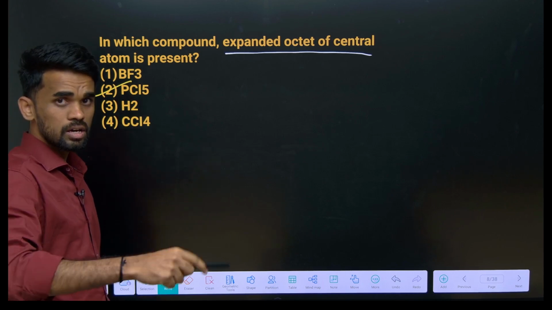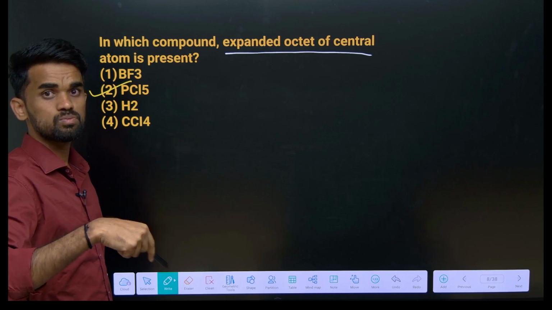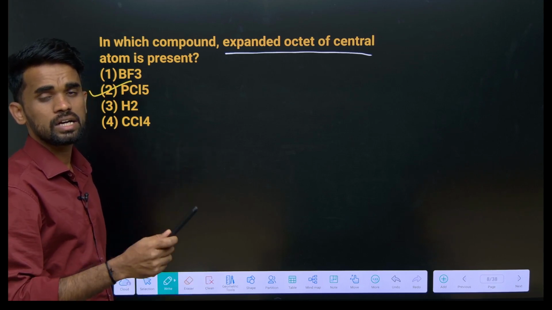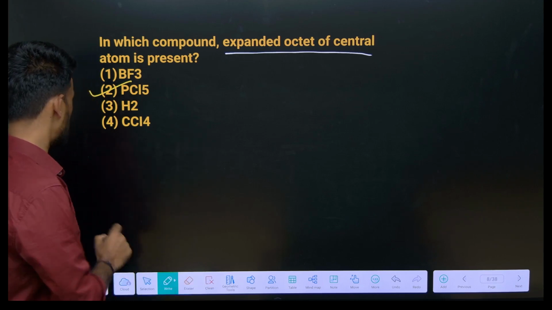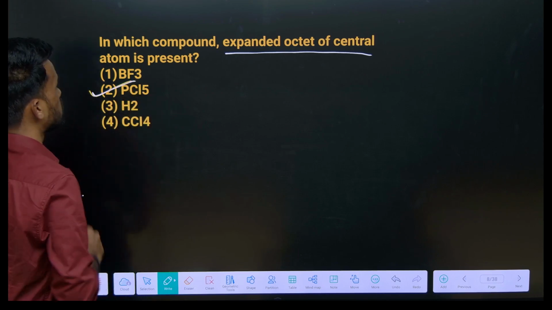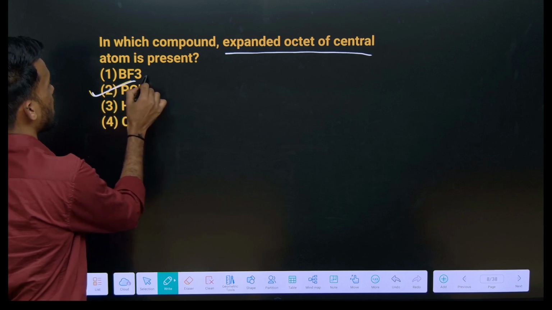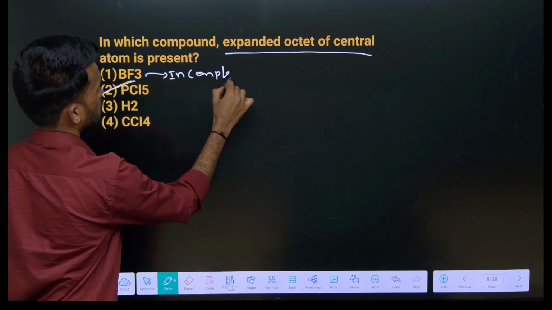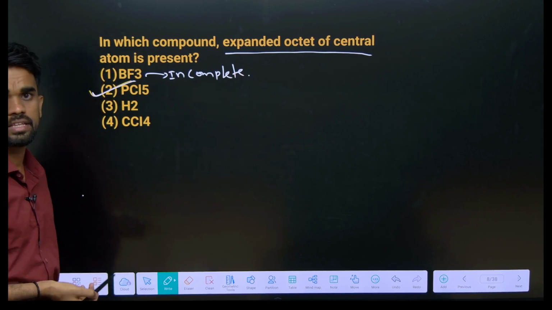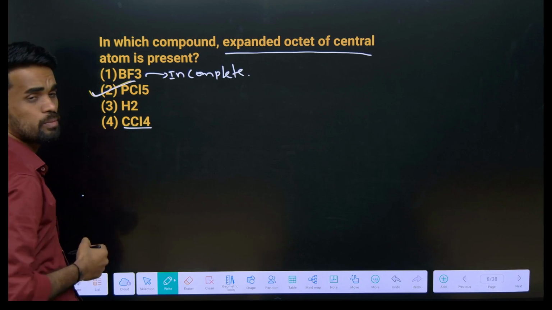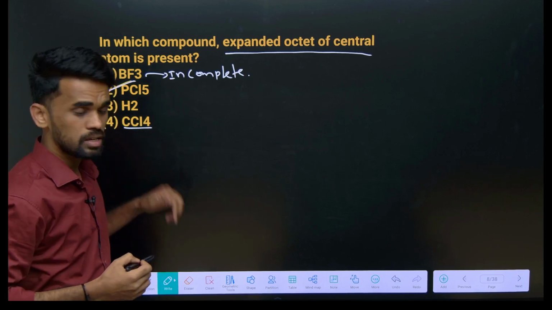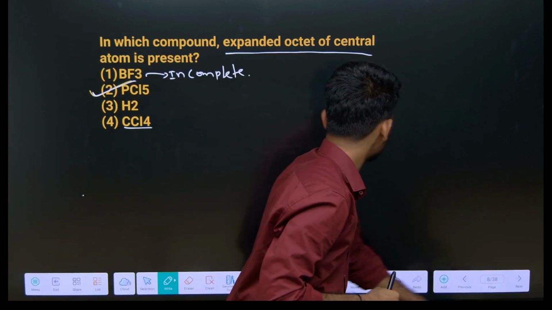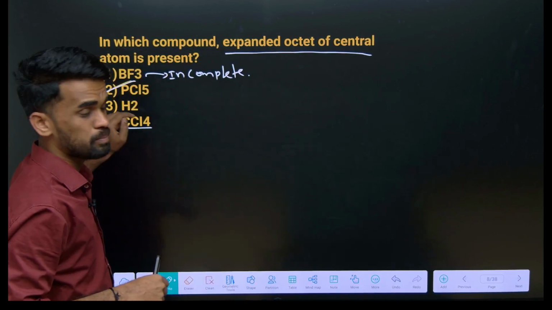Just count, if the electrons around the central atom are more than 8, then that is considered to be an expanded octet. Okay, therefore option 2. And the first one has an incomplete octet. So you just count the electrons and consider the answer. I hope you got how I am saying PCl5 here.